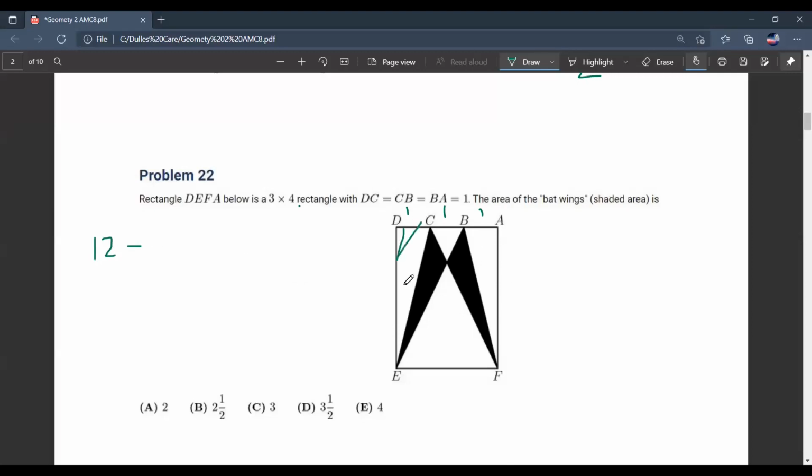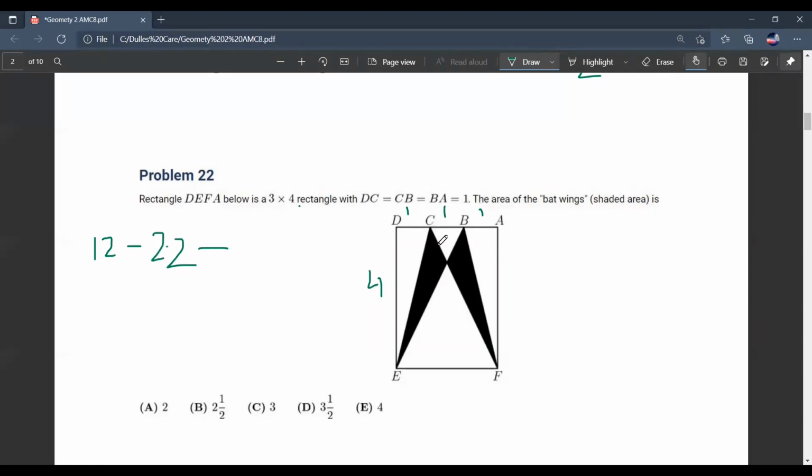So that would be this triangle, this triangle, this triangle, and this triangle, right? So let me erase that since it's kind of distracting. So what's the area of DCE? And then we can multiply by 2 to get the area of BFA. So DCE, this is 1, this is 4, so the area is 2. Multiplied by 2, we get 4 again.